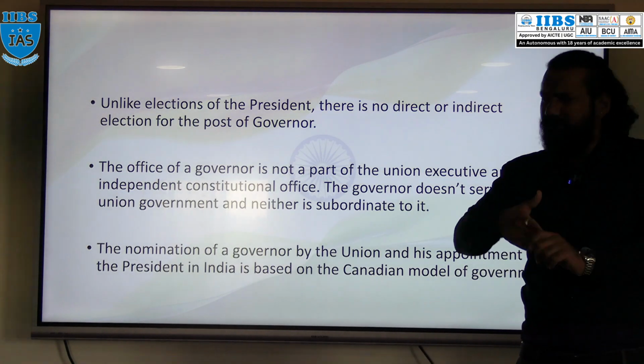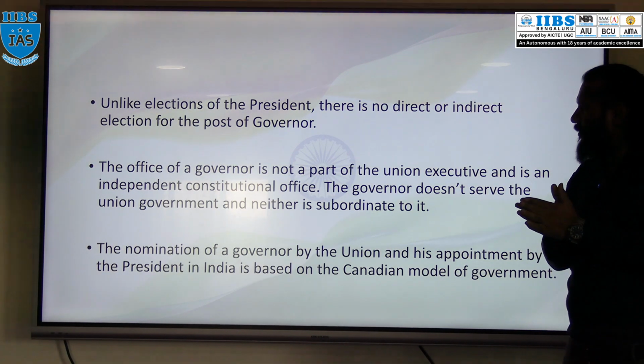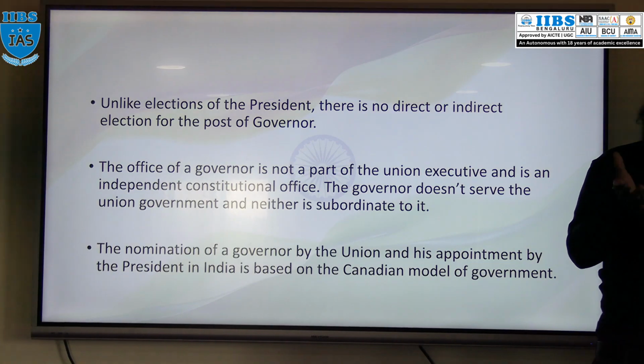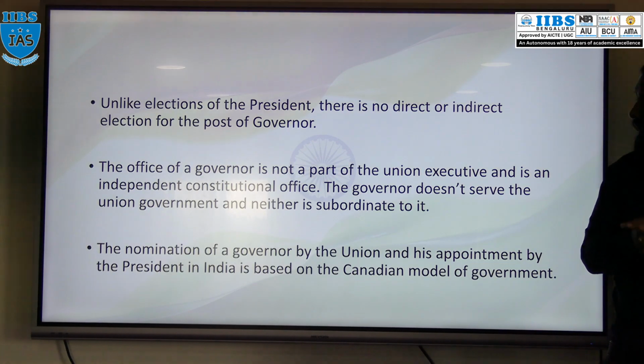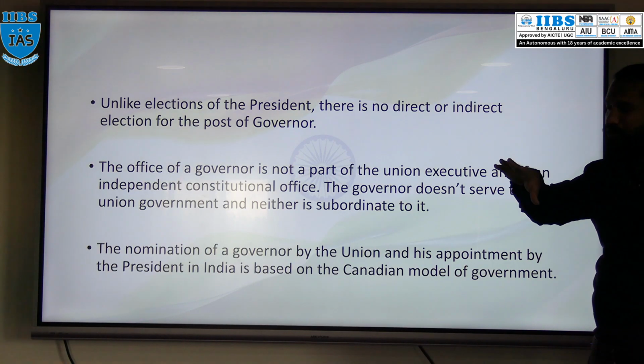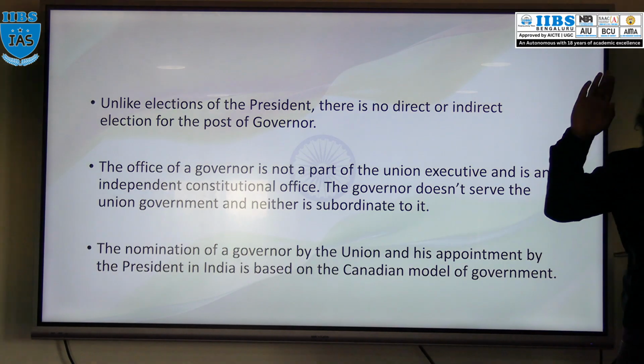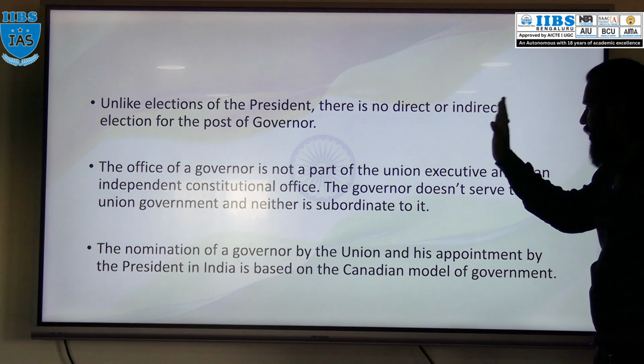The Supreme Court also clarified this, which we will discuss. So the Governor is not elected. He is appointed by the President, and while appointing, it is made sure that the office of the Governor is not a part of the Union executive. It is an independent constitutional office.